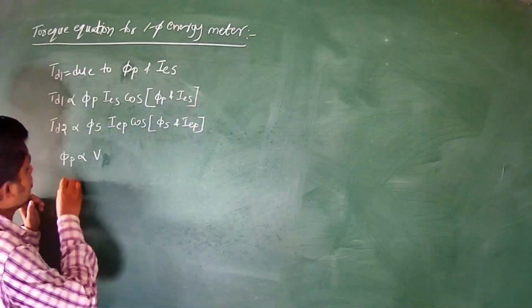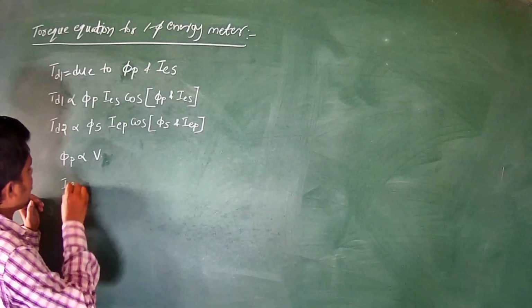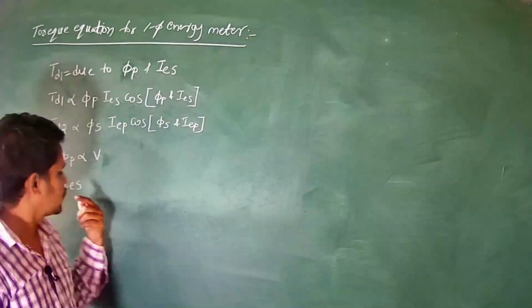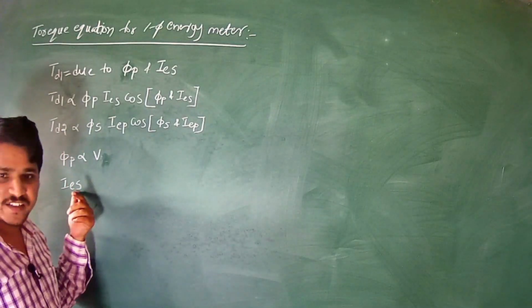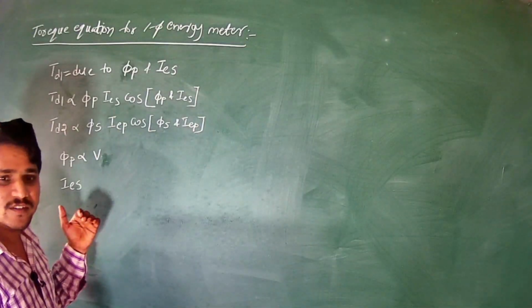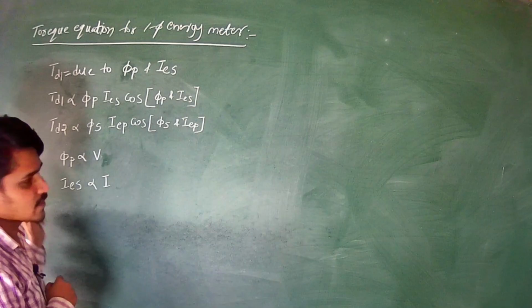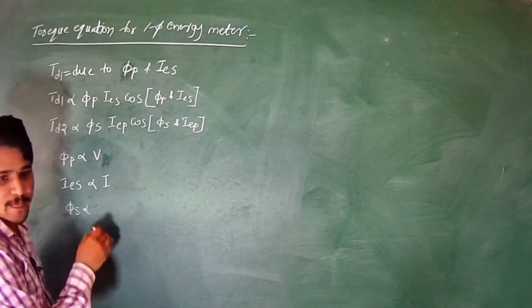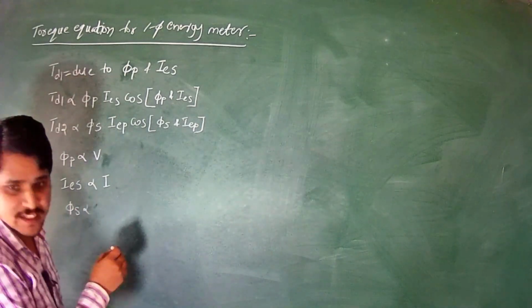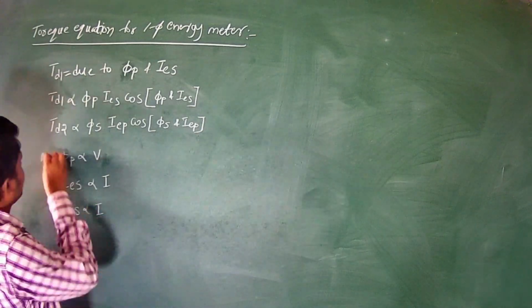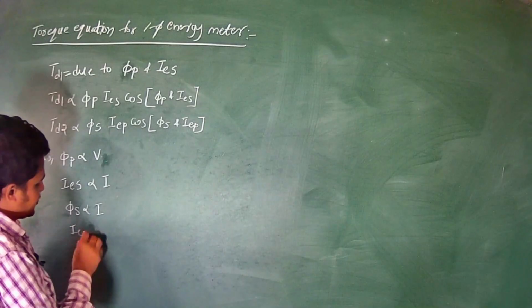And IES, the eddy current due to the series magnetic field, that is the current coil magnetic field, is proportional to the current flowing in the load. And phi s is proportional to the load current I, and this IEP is proportional to the voltage.